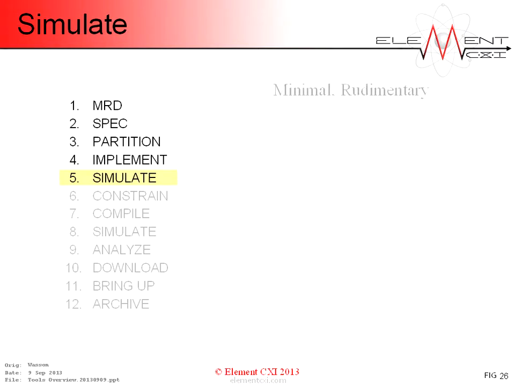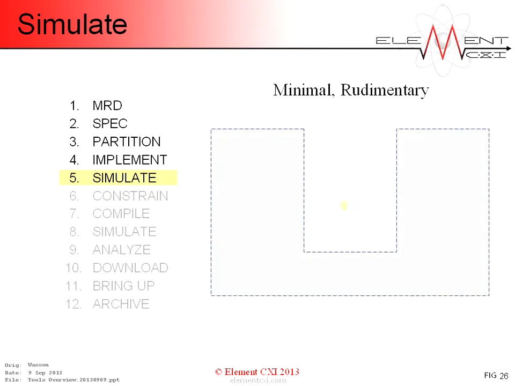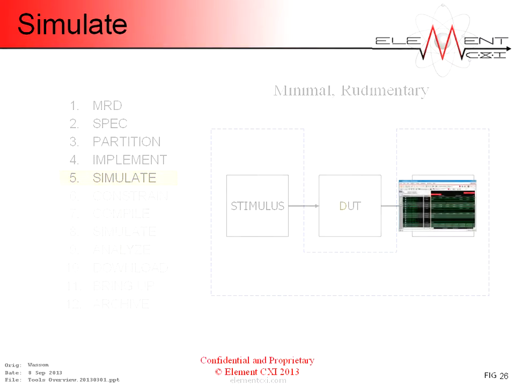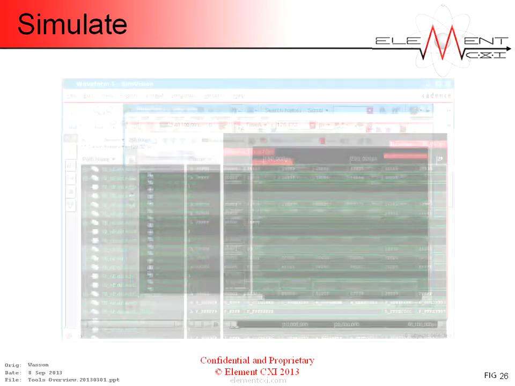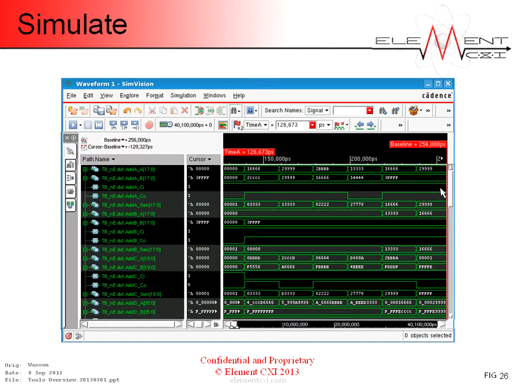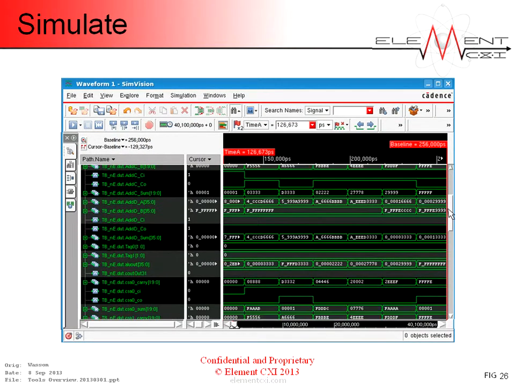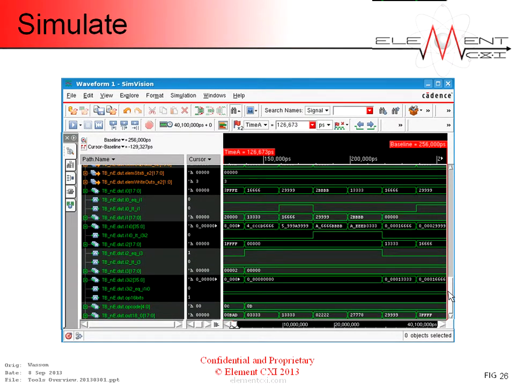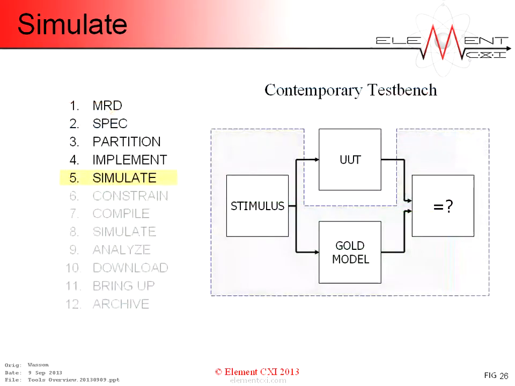In the most rudimentary simulation environments, the unit under test netlist is stimulated with desired vectors and resulting outputs are inspected. The traditional inspection method is through waveforms, one for every netlist node, every gate, often tens of thousands of them, most of negligible relevance. More contemporary test benches compare unit under test output to an identically stimulated gold model.